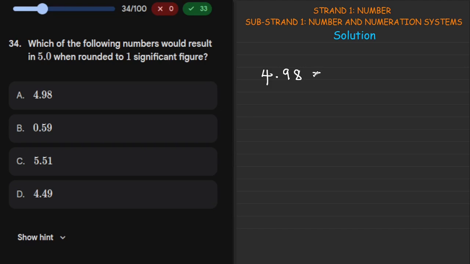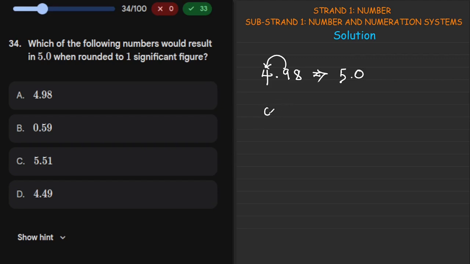So 4.98, if we want to round this to one significant figure, this is the first significant figure. So we'll consider our decider. Our decider is a 9. And if it is 9, then we are going to round up. You see, if you are going to round up, then you are going to get a 5.0. That becomes the rounding to one significant figure.